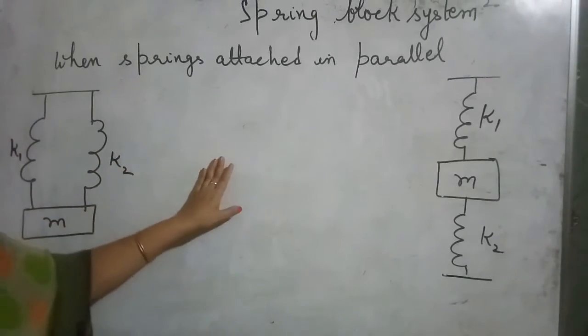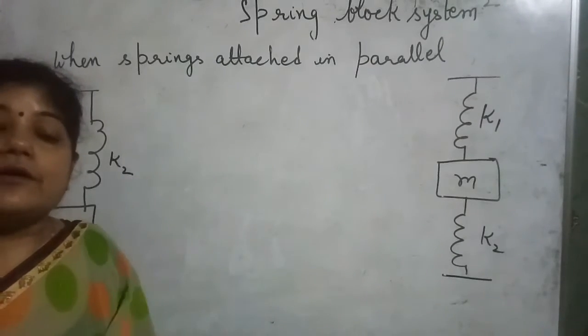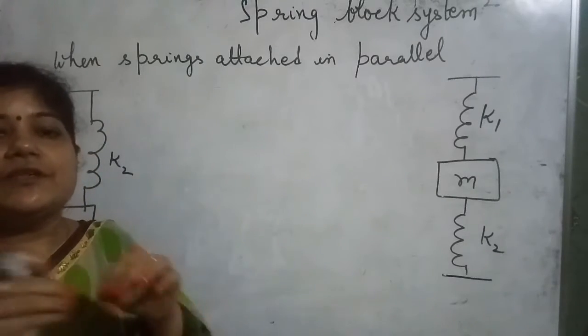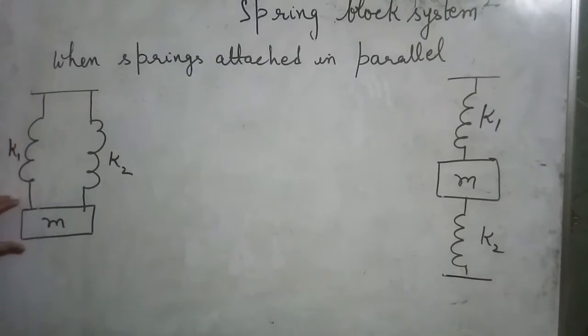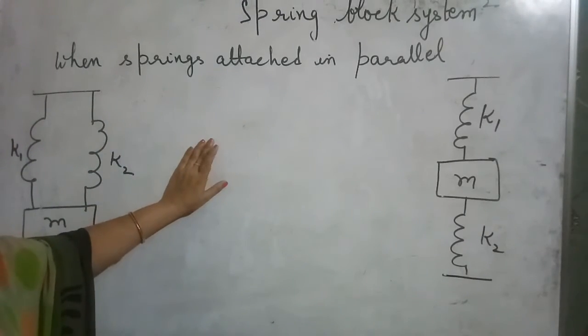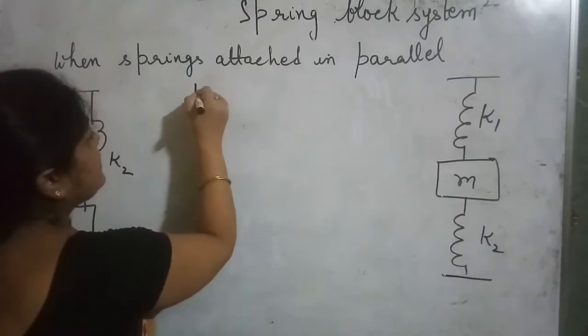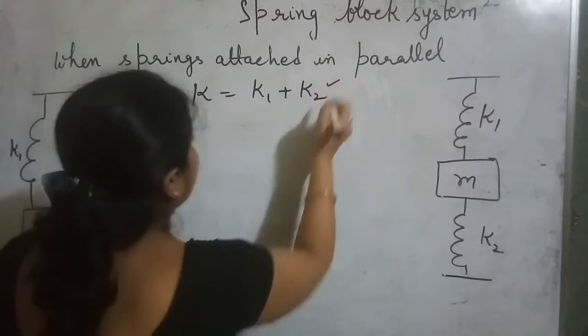That is, in case of parallel, each spring is directly attached to the mass. But in case of the series, all the springs are connected with each other, then they are connected with the mass. So when the springs are connected directly with the mass, then it is the system for the parallel. And in this case, we find K equals K1 plus K2 for the case of parallel.